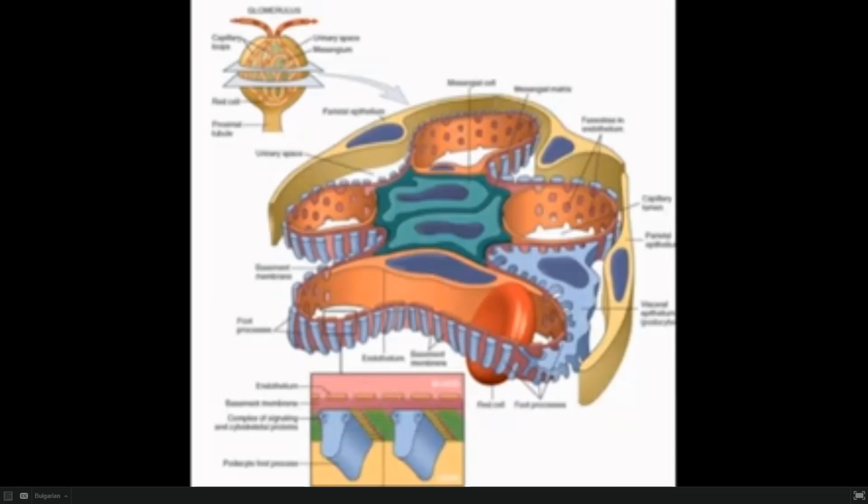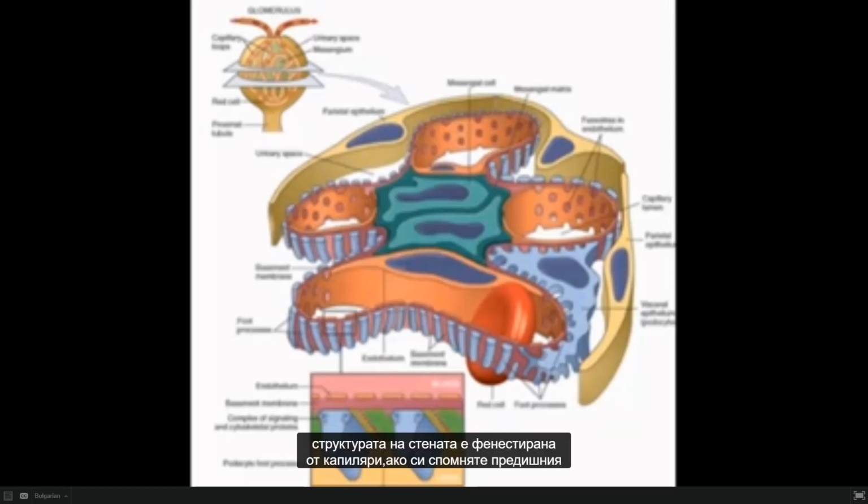Also, the structure of the wall is a fenestrated capillary. If you remember the previous workshop, we spoke about the fenestration. After the capillary, we have the basal membrane. This is one more layer. And above the basal membrane, we have podocytes. And podocytes are very specific cells.